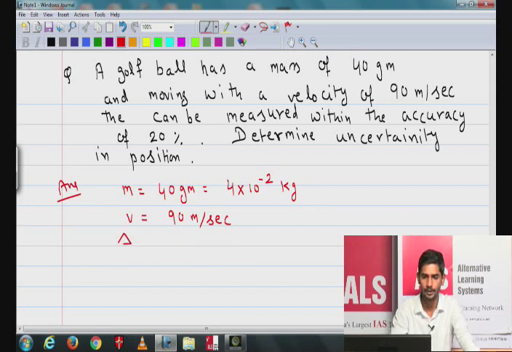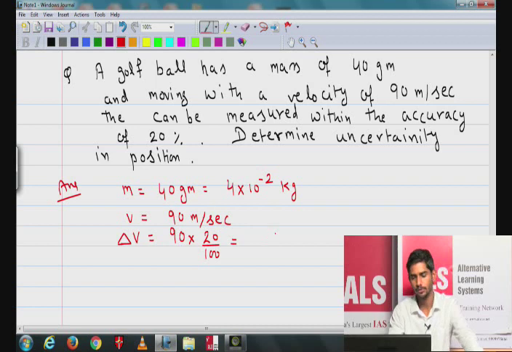So we can get the value of delta V. How? 20% of 90 will be the delta V. So you can solve it. After solving, you will get 18.